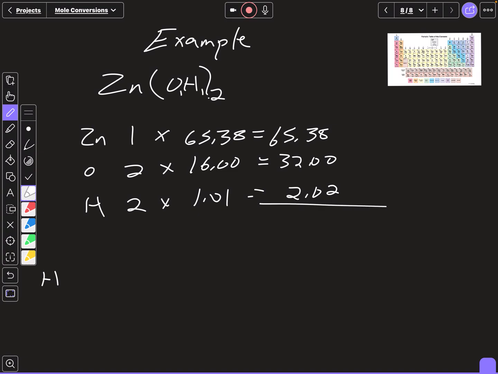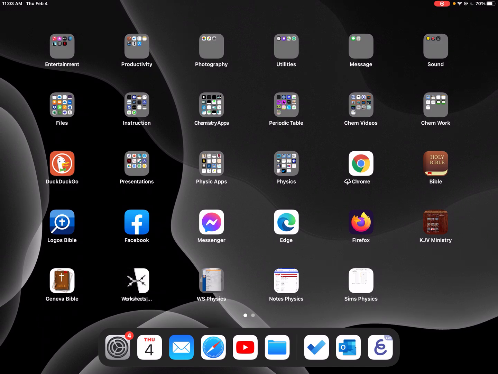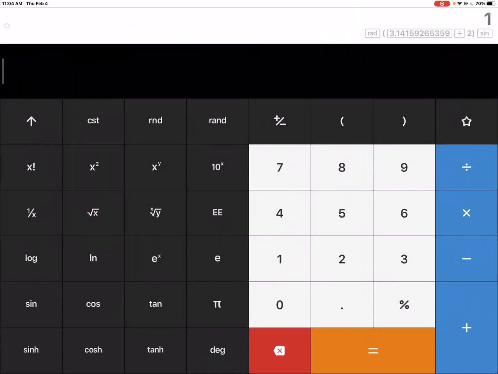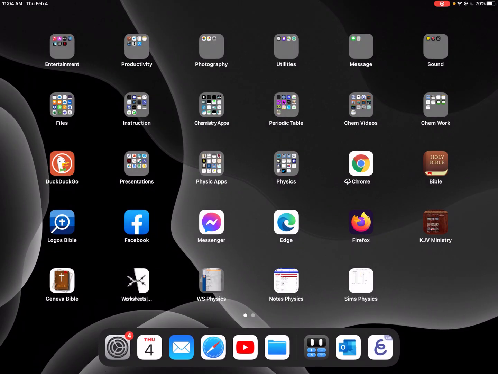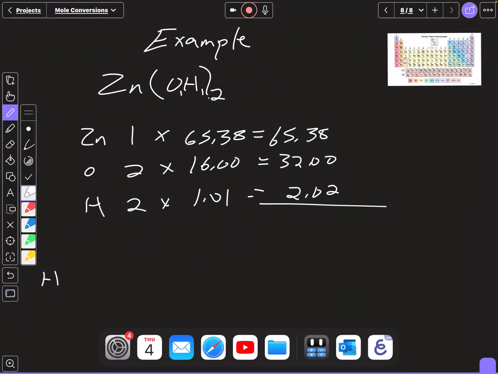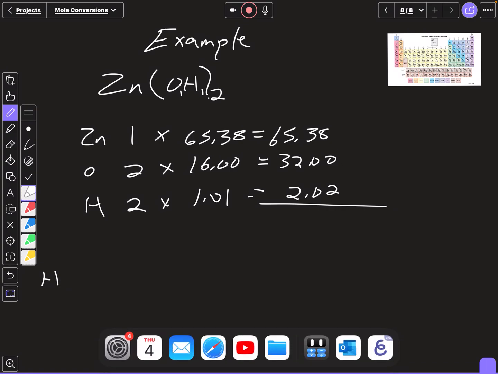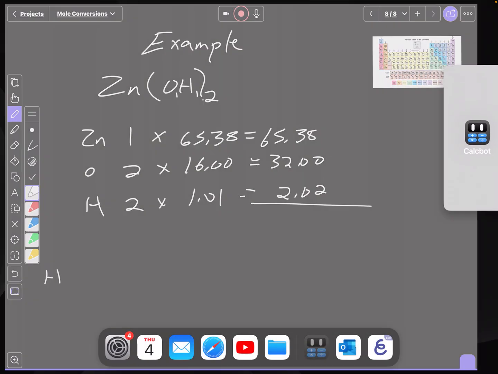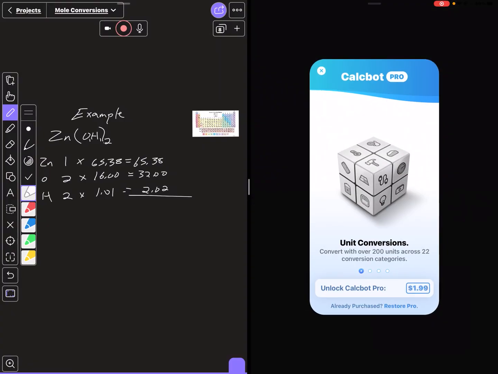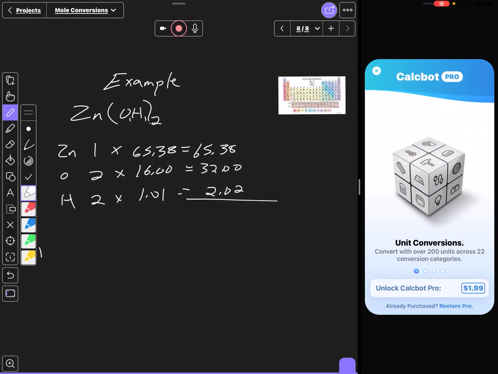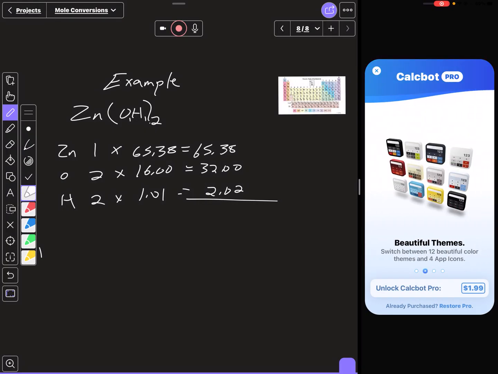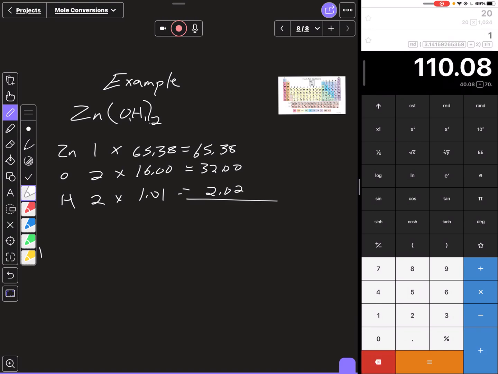And then I bring up my calculator, and I'm going to add up those masses.